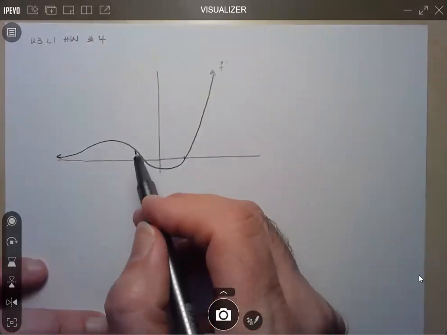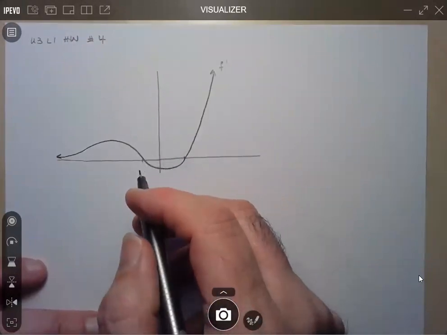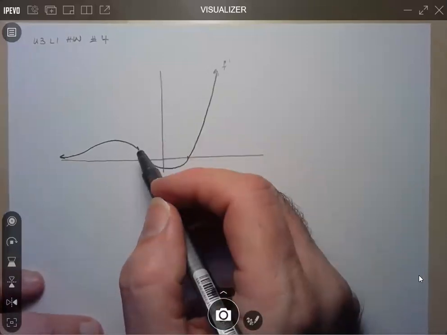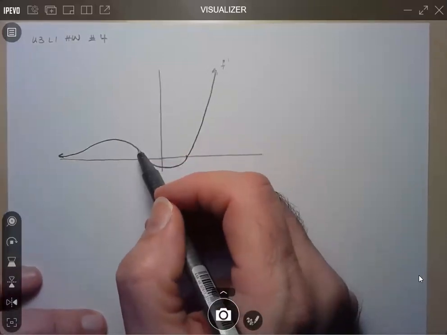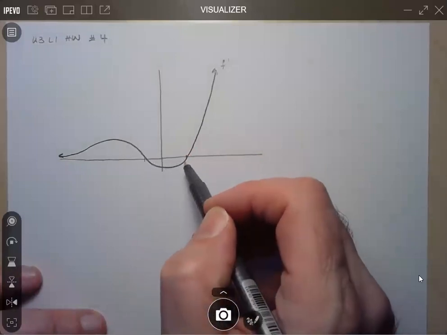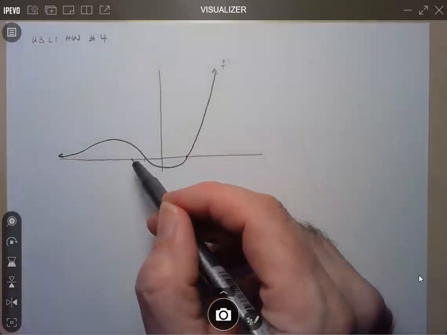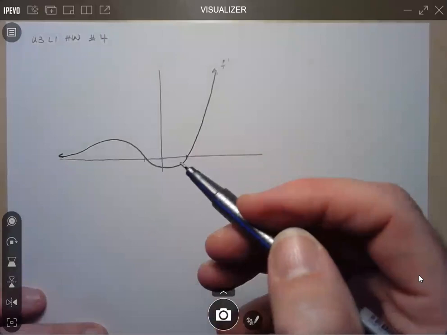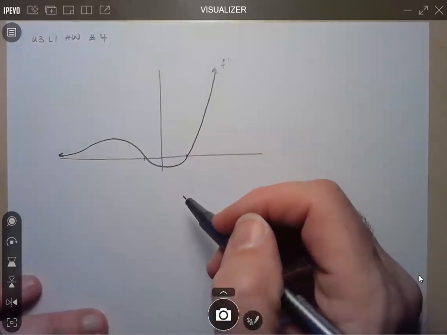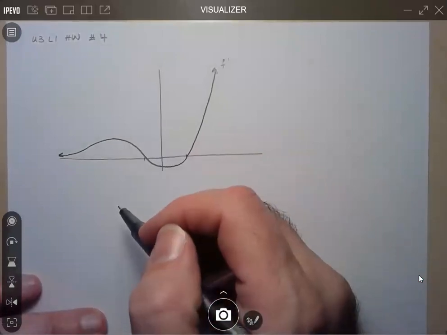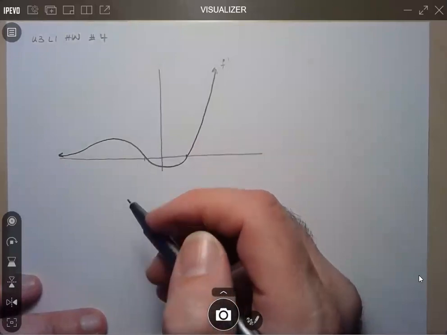Now that we know a little more about these, we actually know for sure there's going to be a local extremum there, because we see that the derivative is going from positive to negative, and here the derivative is going from negative to positive. So there's a sign change. We would have done that by just reasoning it out. Now we've kind of shown that that's what has to happen in order for there to be a local extremum.